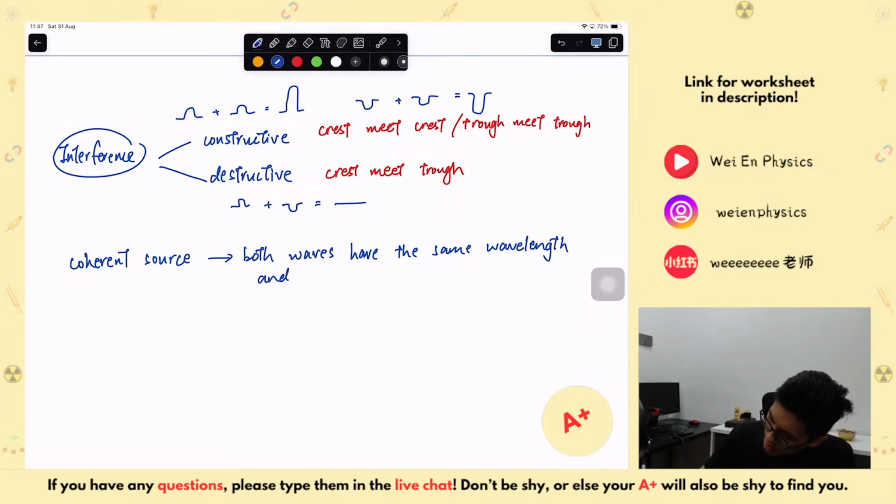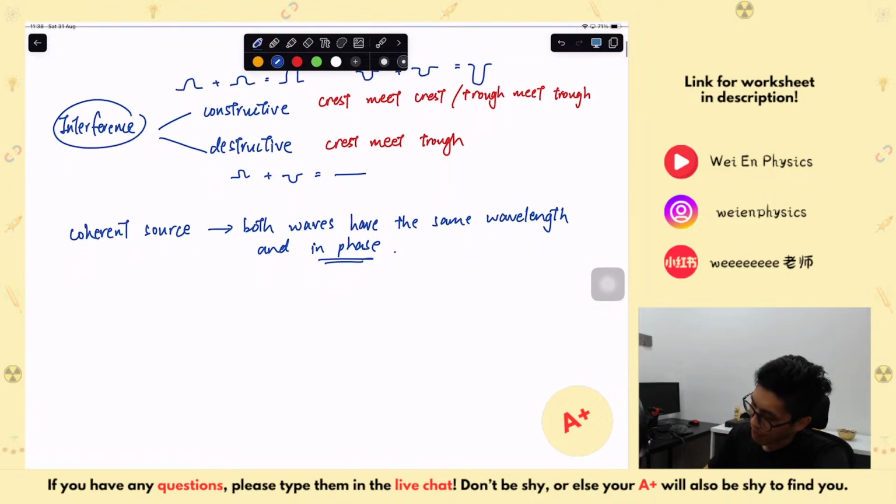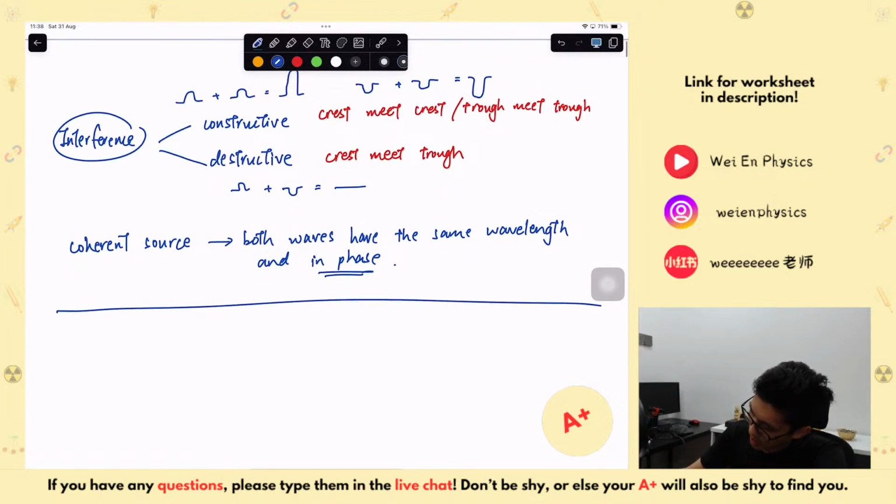And most importantly, you tell them they are in phase. In phase means they have the same timing. Both go up together, both go down together. That's the meaning of in phase, so that's the meaning of coherent sources.